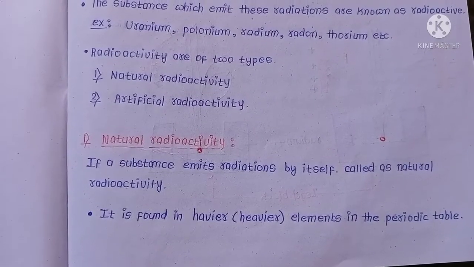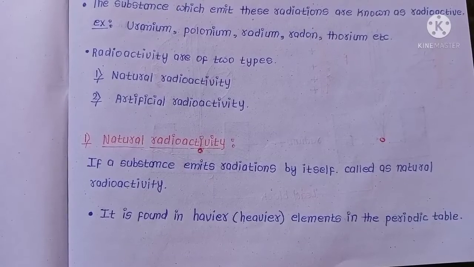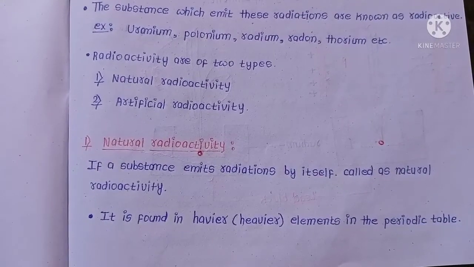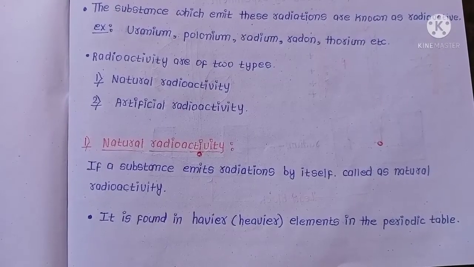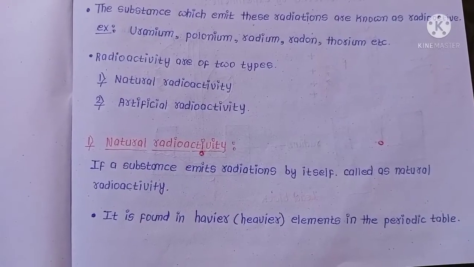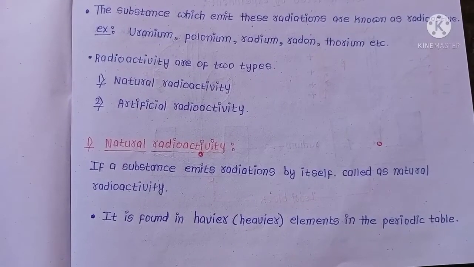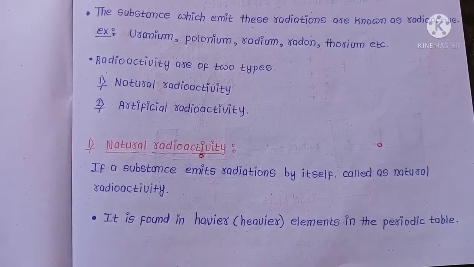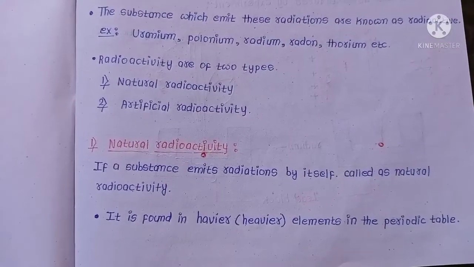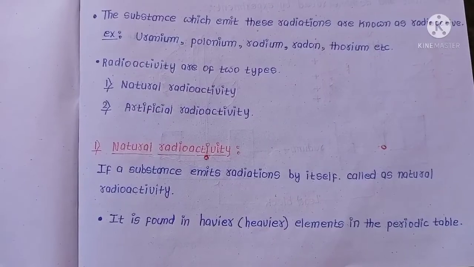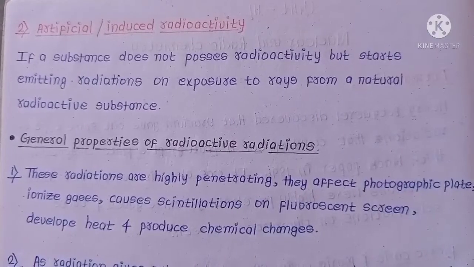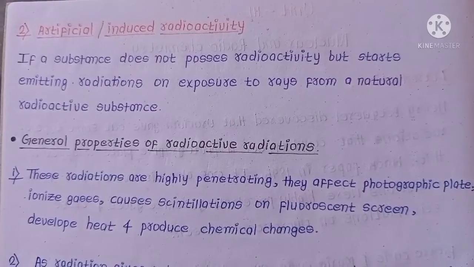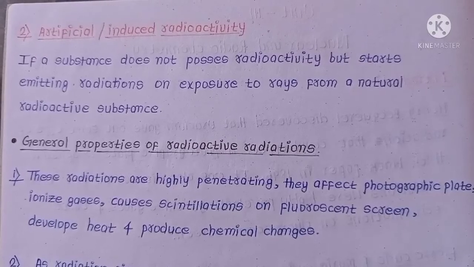Natural radioactivity: if a substance emits radiation by itself, then we call it natural radioactivity, and the substance is naturally radioactive. For example, the heavier elements present in the periodic table are naturally radioactive. Next one is artificial radioactivity, which is also called induced radioactivity.